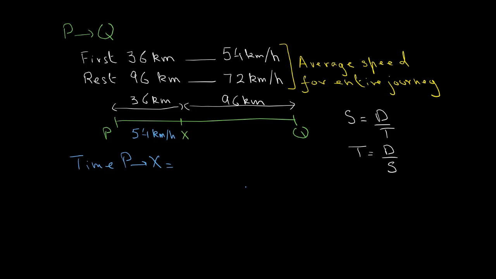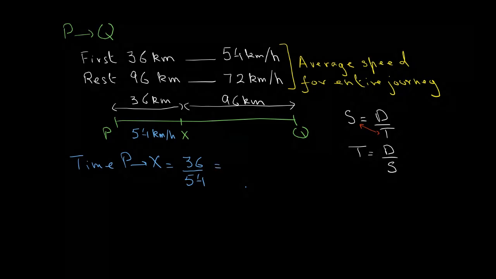So time taken is equal to distance over speed. The distance is 36 and the speed is 54. When I divide them, they're both divisible by 18, and this is equal to 2 over 3 hours.